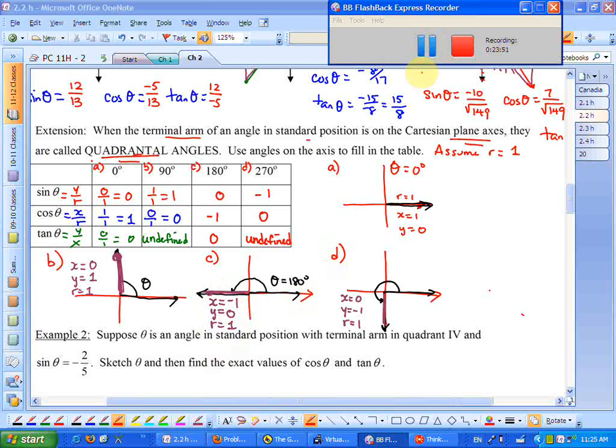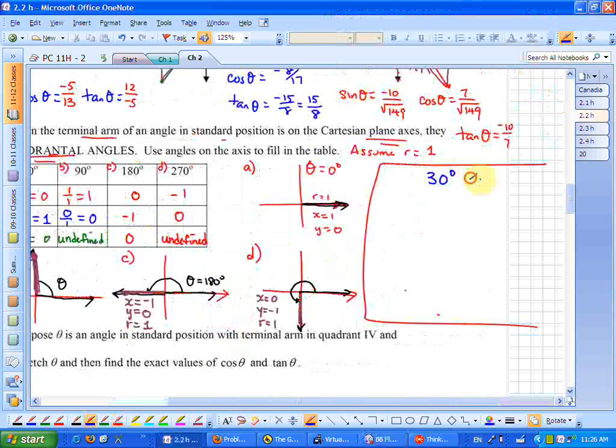Okay, remember last day I gave you that chart with the special angles? 30, 45, 60? You know what? I can actually extend that chart to include some of these now. So if you are interested, may I suggest you do the following with some extra space over here. Remember this chart from last day as a quick review?